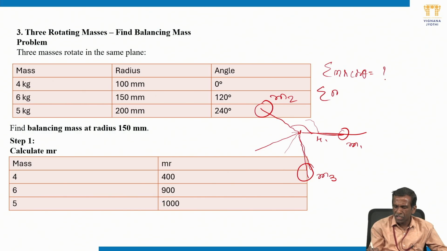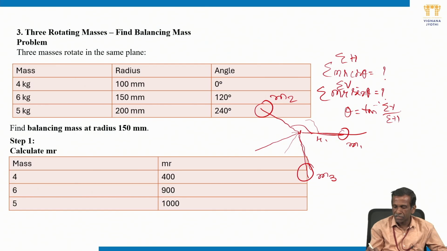Similarly sigma M R sine of the angle, each force component. These two you will get, the horizontal one and the vertical component. So the resultant is the square root of sigma H squared plus sigma V squared. Then the orientation angle of that resultant is tan inverse of sigma V by sigma H. So finally mark that.